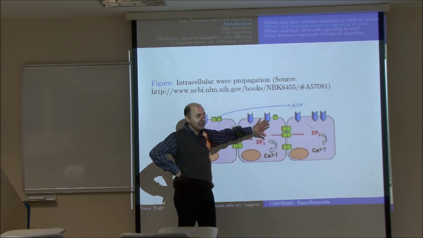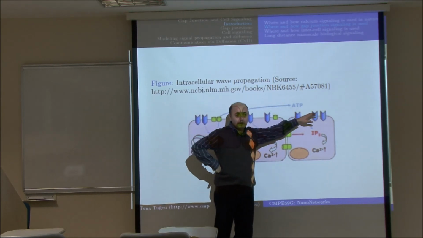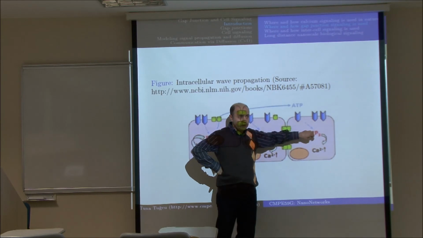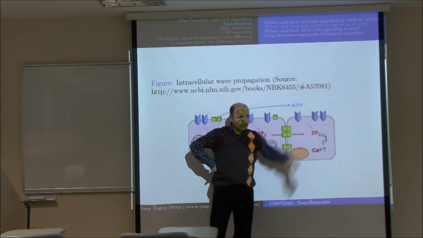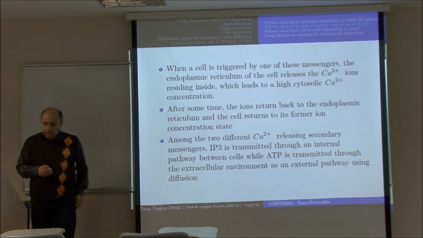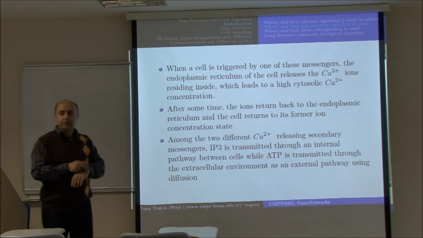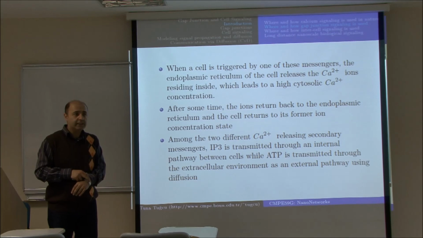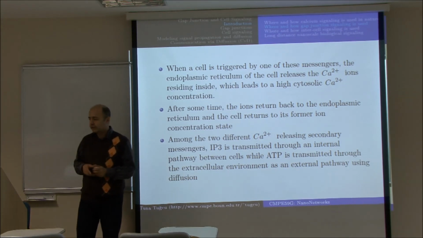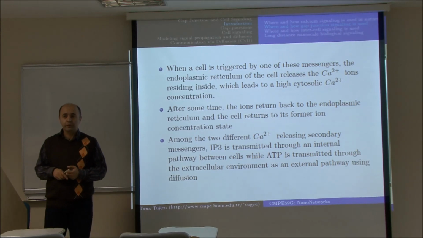This time not necessarily the next one, maybe the other one, we don't know. But the arrival of ATP there will cause a similar operation here, which will trigger others. Okay? So let me stop here for today, and next time we will continue from this point, and we'll be looking into more details of calcium signaling.